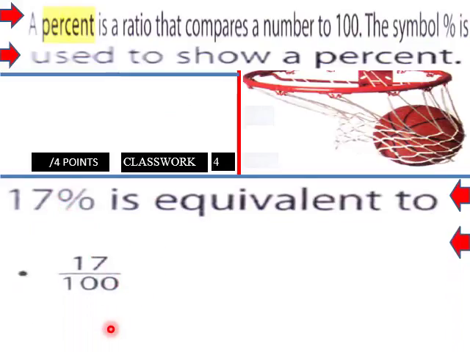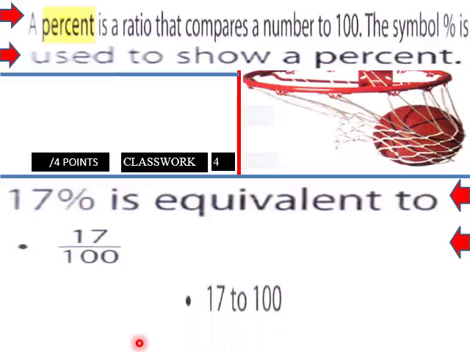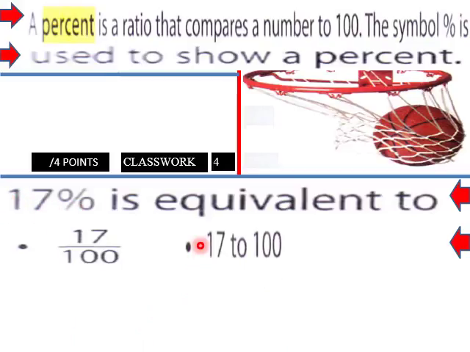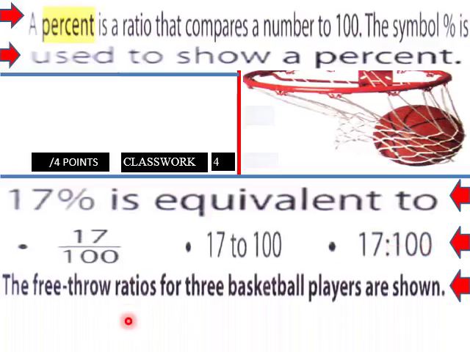17% is equivalent to 17 over 100, is it not? 17% means 17 divided by 100, or 17 to 100. 17 to 100 would be your fraction bar, the symbol for divided by, or 17 and then your colon here, same thing. 17 to 100.